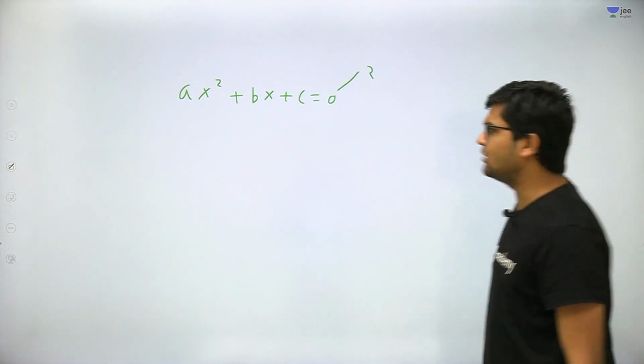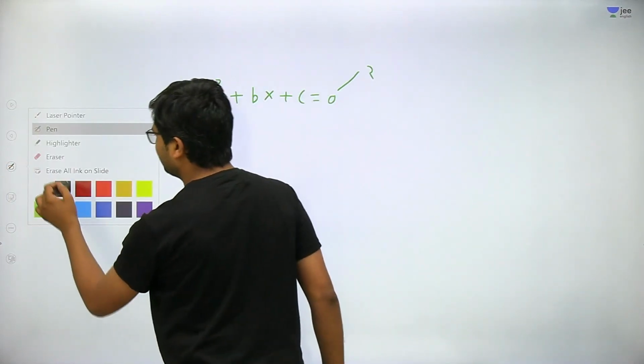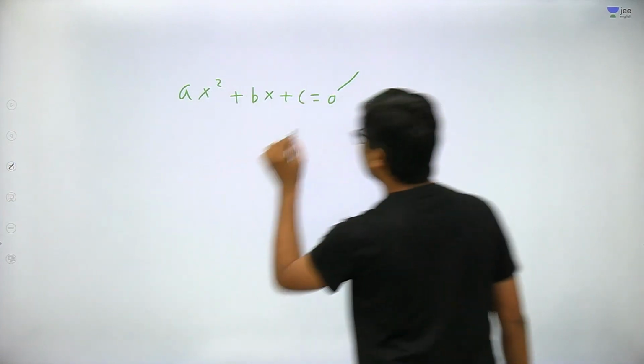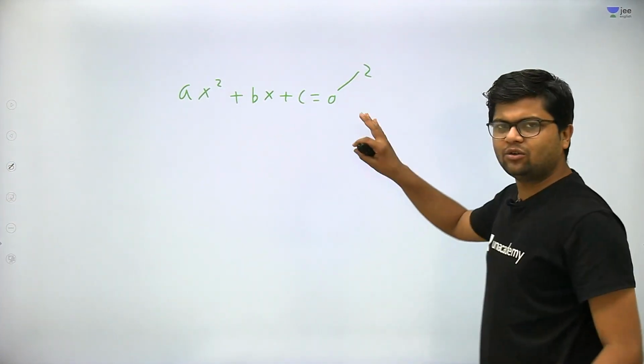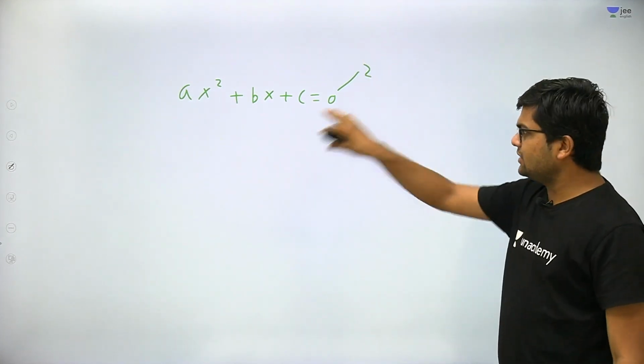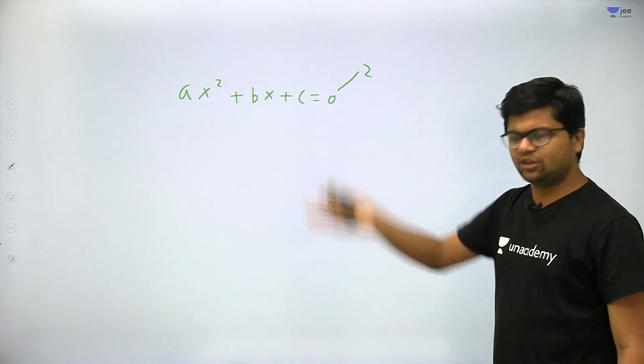That is confirmed. Now if an equation has one real root, I don't know whether the parabola is facing upward or downward, but whatever be the case, this equation will always have two real roots.